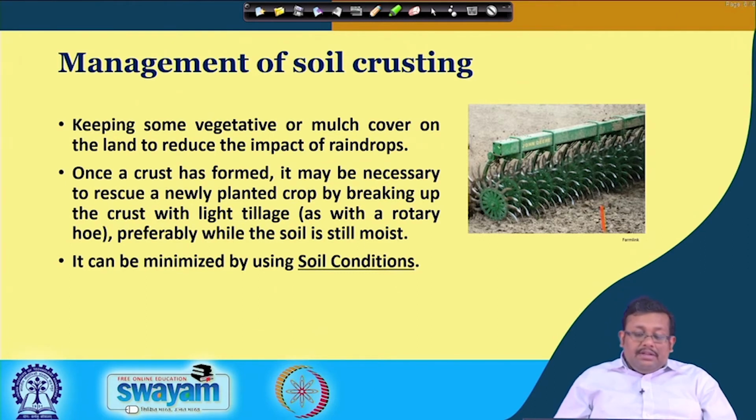And for light tillage, you can use a rotary hoe, as you can see in this picture. This is a rotary hoe, and this rotary hoe breaks the soil crust, preferably when the soil is still moist.